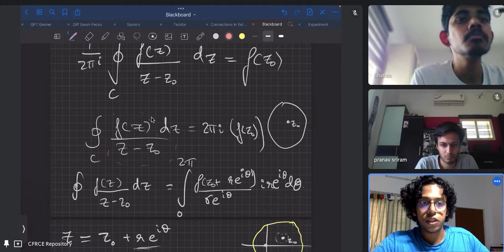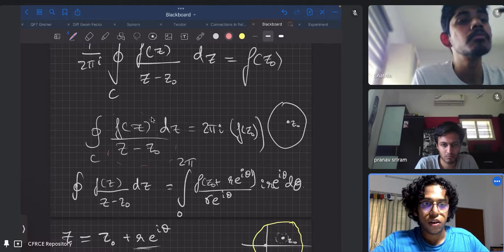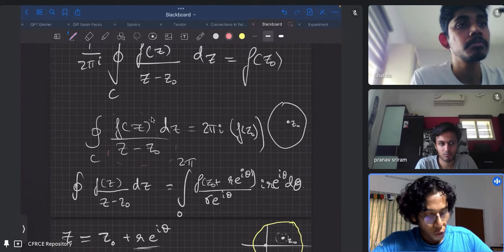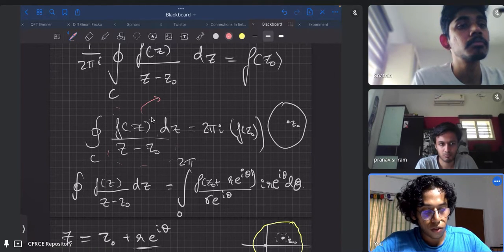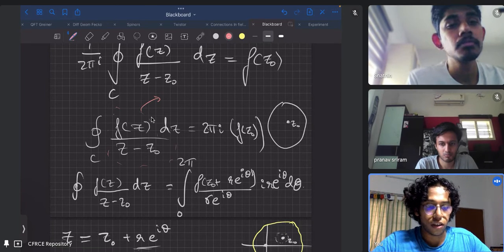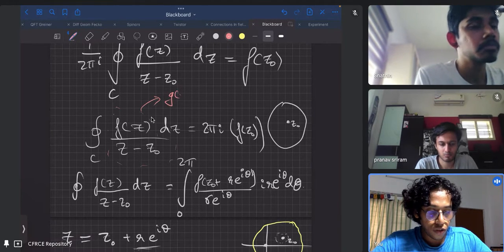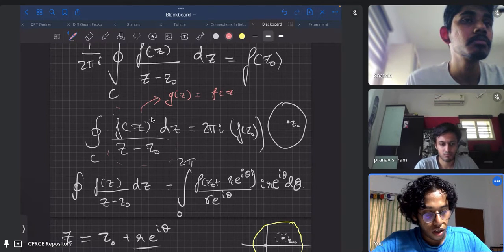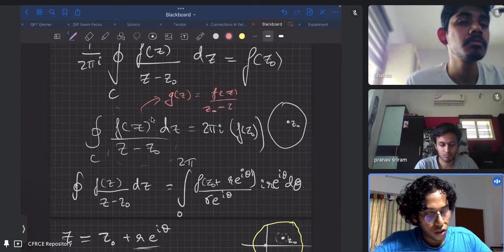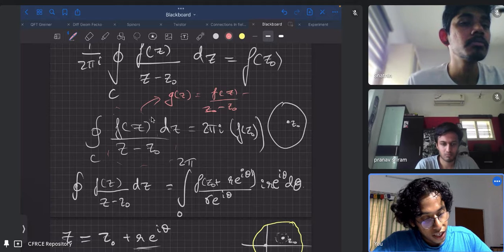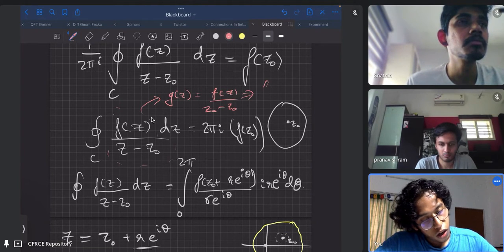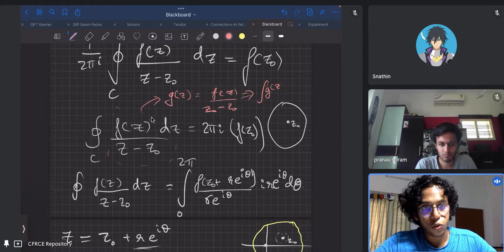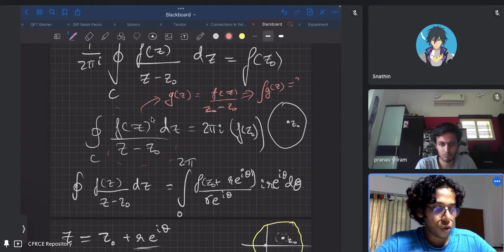You have taken f of z separate from the integrand, so this is the function that you are integrating. If you take g of z equal to f of z by z minus z naught, then the integral of g of z, such that there are no singularities, will become 2 pi i.